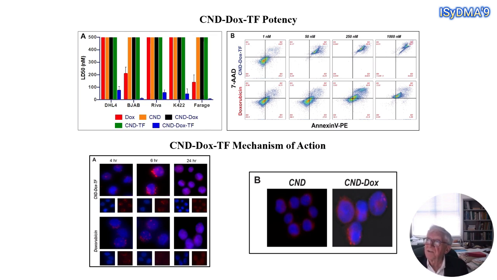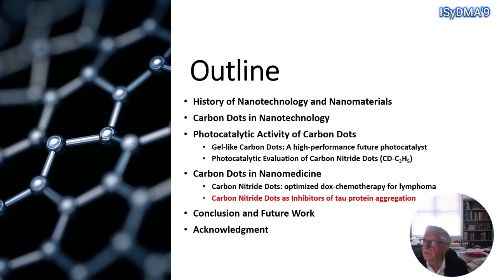If you look, the red one is doxorubicin, the orange is related to carbon nitride dots, carbon nitride doxorubicin for the black one, the green one with the transferrin, and finally the system that we were just talking about. For each of the cell lines in terms of inhibition of cancer cell, we can see that there is a huge inhibition for each of them, and that means that it should be good in terms of in vivo study.